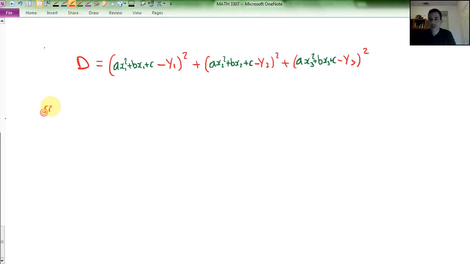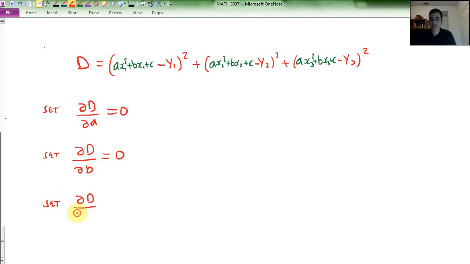Okay, so again, we set partial derivatives. Partial derivative of d with respect to a equals 0. You set the partial derivative with respect to b equals 0, and the derivative with respect to c equals 0. So you're going to get 3 equations, and now we have 3 variables: a, b, and c.